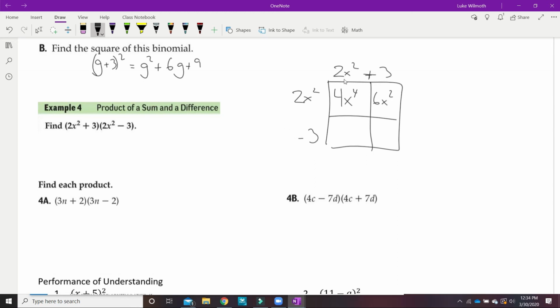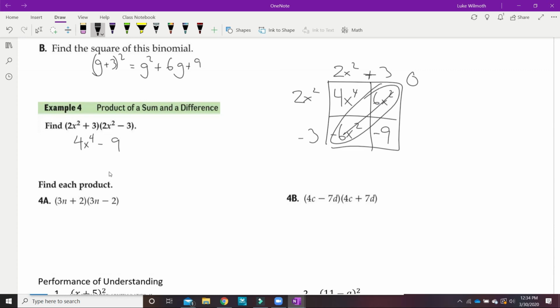In this box, I've got negative 3 times 2x squared, which is negative 6x squared. And in the last box, I have minus 9. These two terms are positive and negative. They add up to 0. So my answer here is 4x to the 4th minus 9. These two terms canceled each other out.